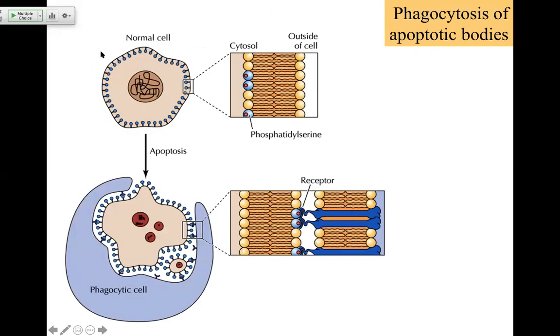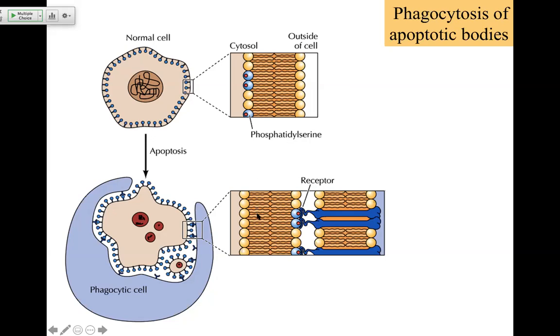And that's what we can see here. On a normal cell, if we look at our lipid bilayer, we would see that phosphatidylserine faces the cytoplasmic side. And remember how we said that phospholipids can move laterally within a layer, but they can't cross that hydrophobic barrier, except when an active process, an enzyme, will specifically move them.